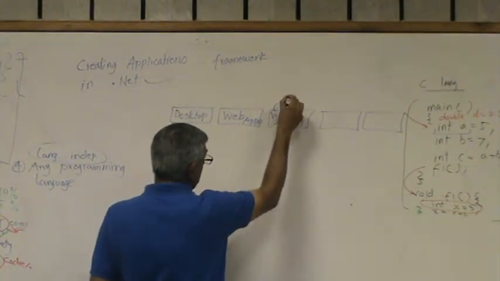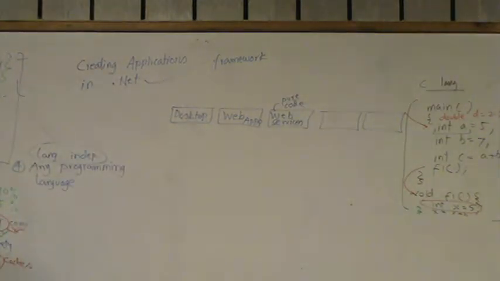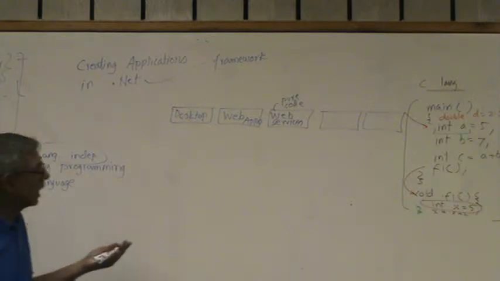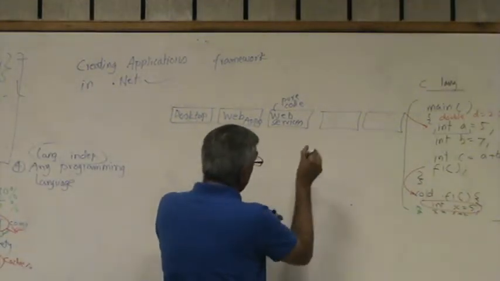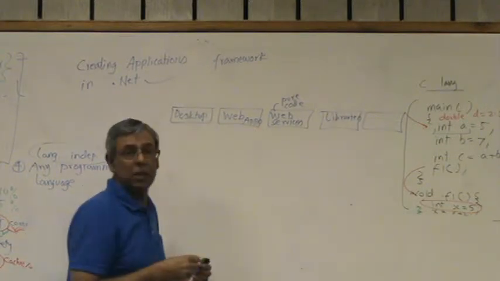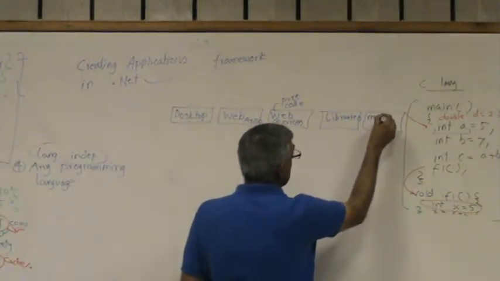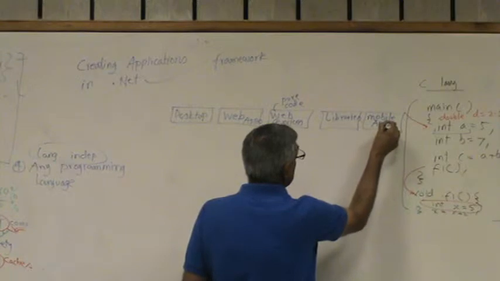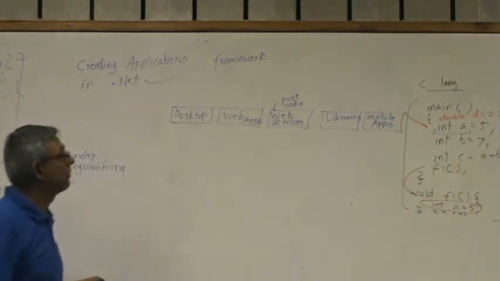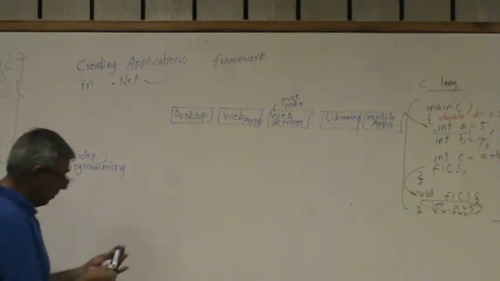Web services are pure code. Some of you are in my 546 class where we have a course called Service Oriented Architecture, and you learn about web services. Then we also create libraries, which are collections of useful code so that somebody else can use our code. And lastly, mobile applications. So these are the popular 5 types of applications we create these days, right?